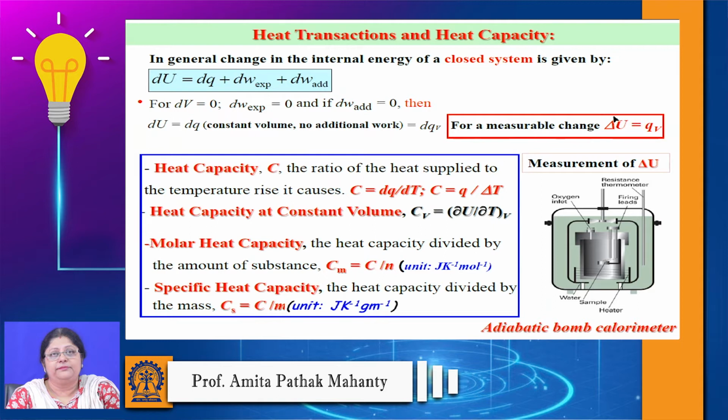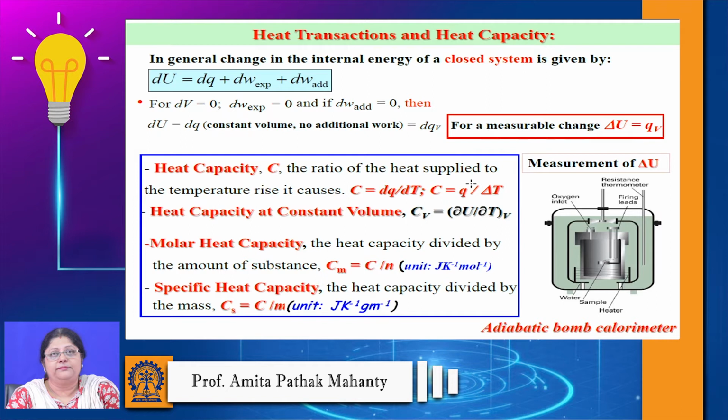So this is a discrete, measurable change; we replace d by the delta sign. Now the heat capacity, if you want to define it, is a response function. You should remember the heat capacity is the ratio of the heat supplied to the temperature rise it causes. So we can write Q by dT.